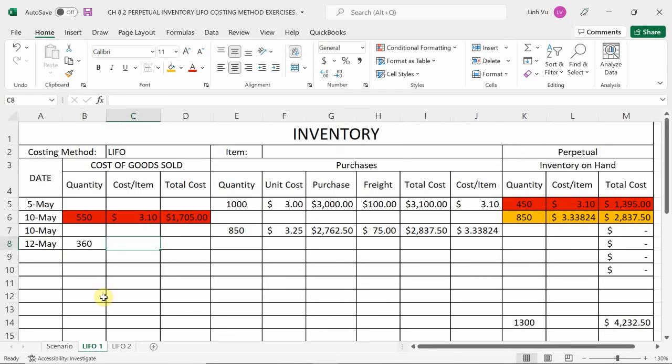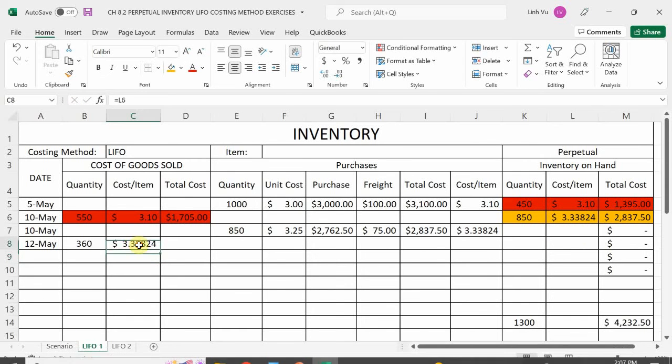Which batch of inventory am I going to sell from first? Orange one. Oh, it is orange. Okay, good. So there you go. I'm going to take it from the orange batch right here at $3.33824.